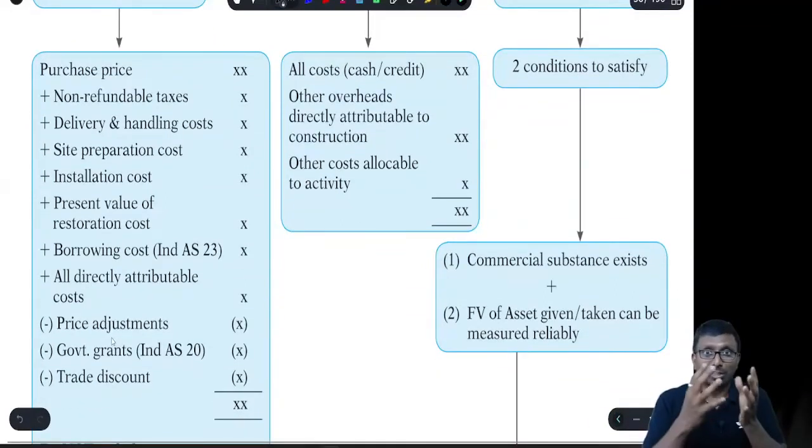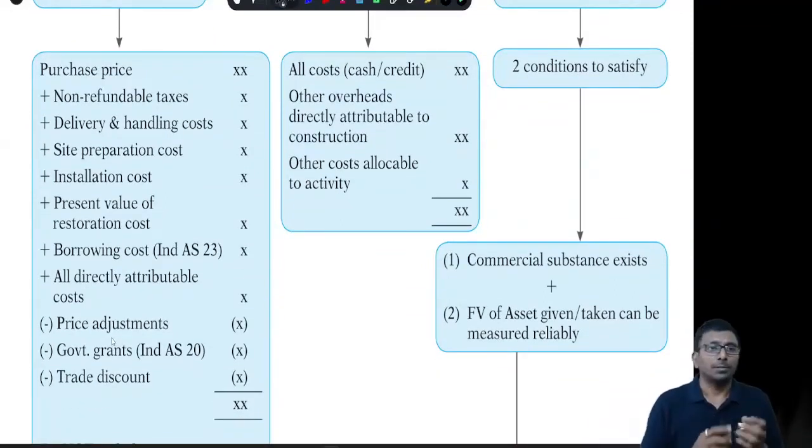First one, what all the amounts will you be adding? Purchase price, non-refundable taxes, freight cost, site preparation cost, installation cost, present value of restoration, decommissioning, rehabilitation cost.